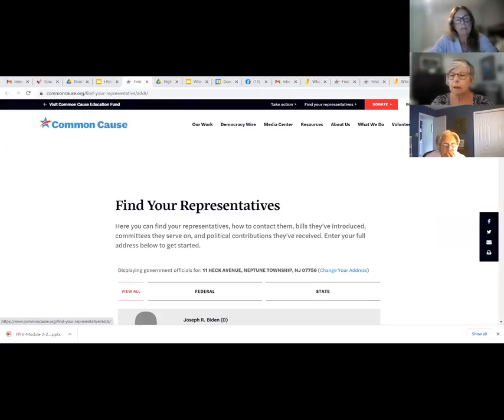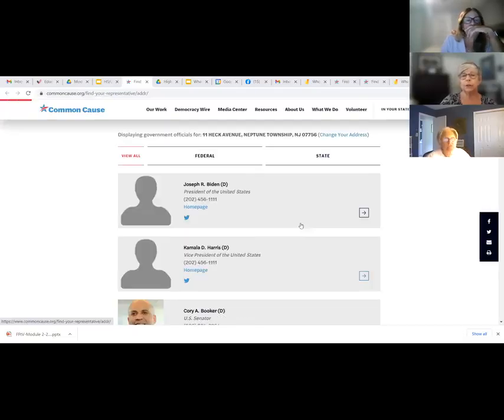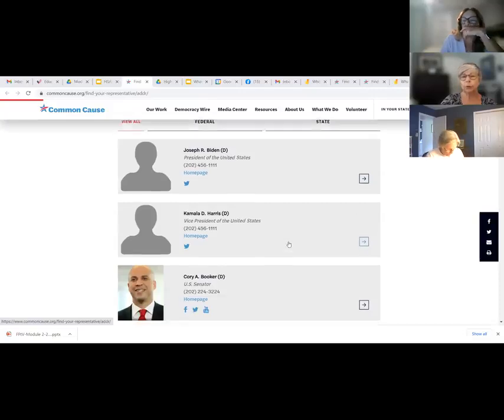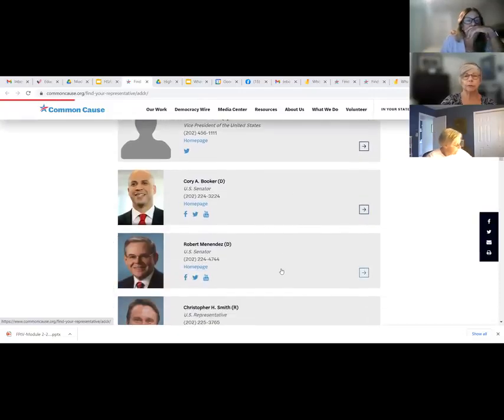Okay, you click on that Common Cause link, you will get to the same screen that I have here. I've put my address in, but you can see that there's a change your address line right after my address. If you click on that, you can put your own address in, and what you will see is a list of all of your personal representatives.